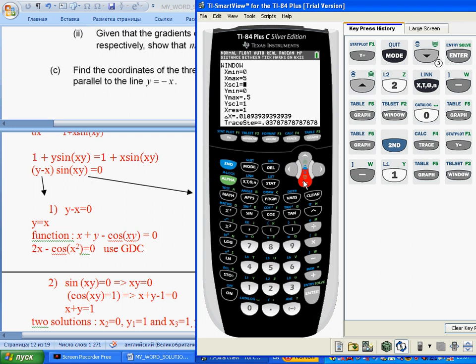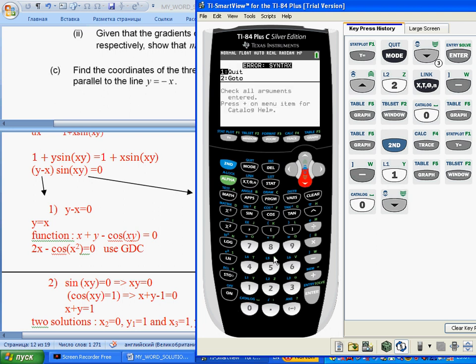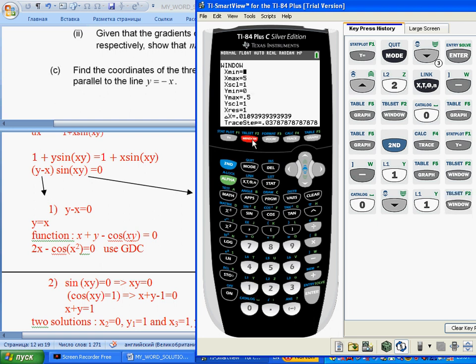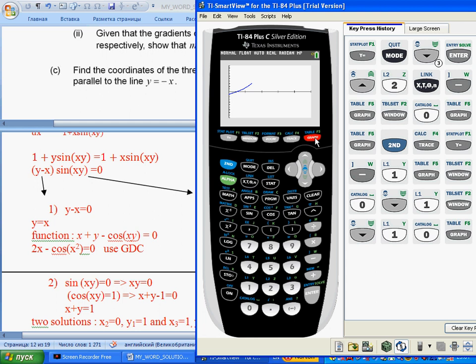So y minimum, let's take minus 2, minus 10, y maximum, oops, window. Now it looks nicer.